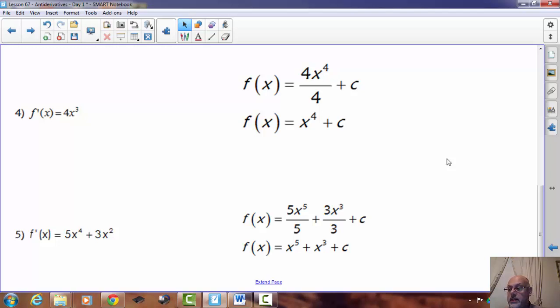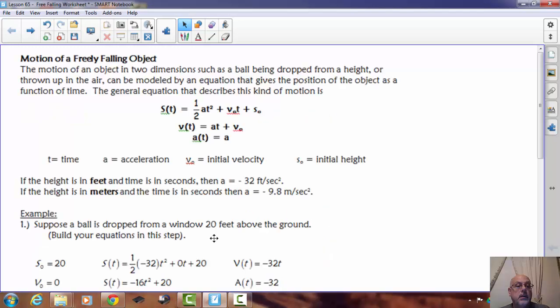And the initial height is S sub 0. That's the last term of the antiderivative. So if we look in the example I gave you, the initial height is 20 feet, which is here. And if it's dropped, that means its initial velocity was 0 because somebody was holding the ball.